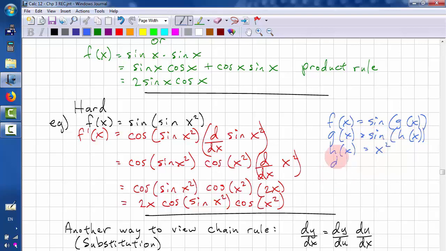And what we're doing is df dg, dg dh, dh dx. Okay, these do not cancel out. This means taking the derivative with respect to, so we don't cancel them.